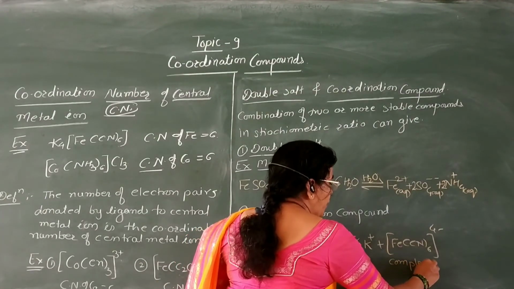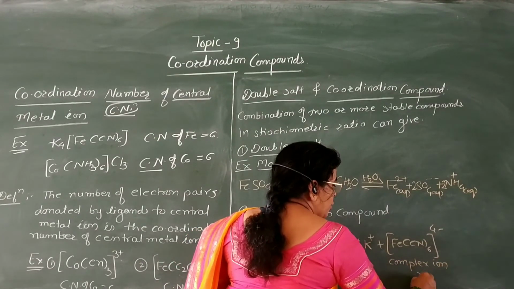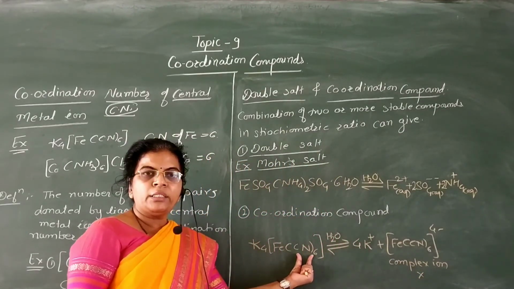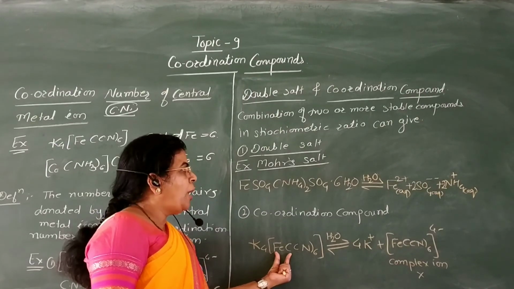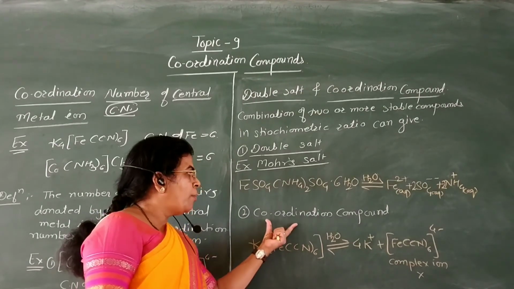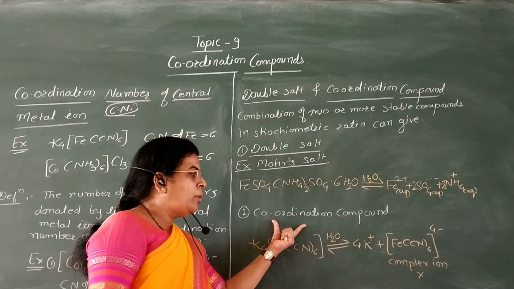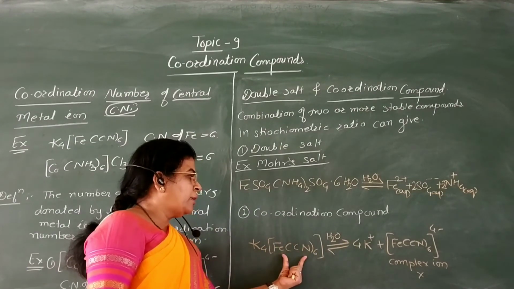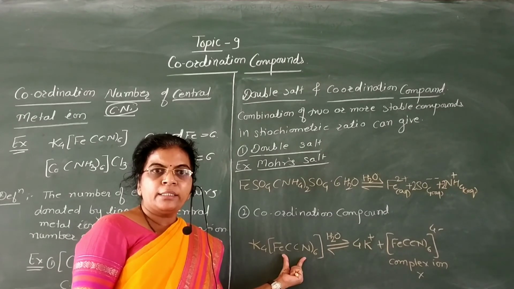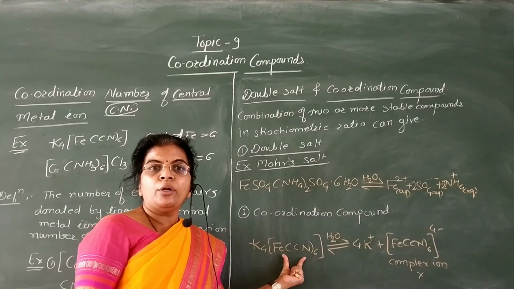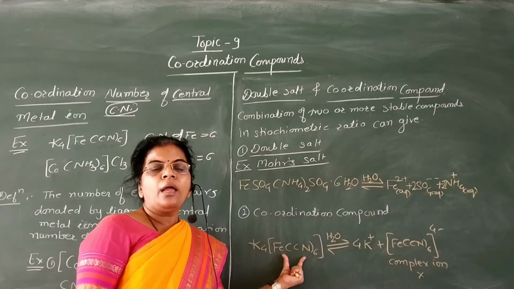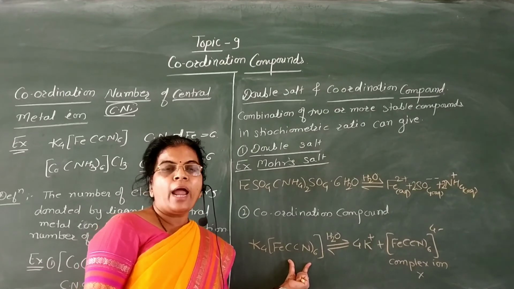That is, this complex ion does not undergo dissociation. We will not get CN- ions or Fe2+ ions, etc. These coordination compounds are stable compounds, and this complex ion, which possesses the central metal ion and ligands, does not easily undergo dissociation. The bond between the central metal ion and ligand is strong and rigid.